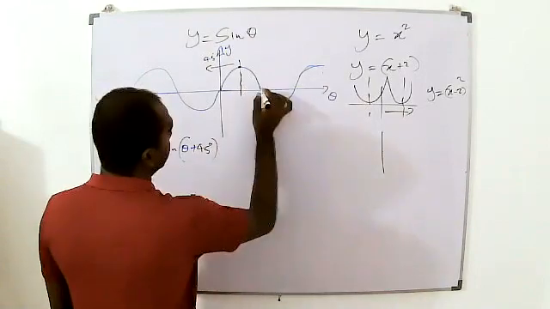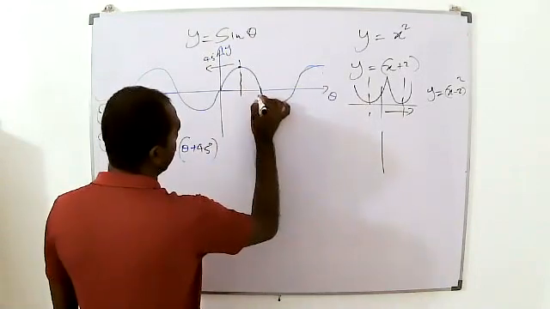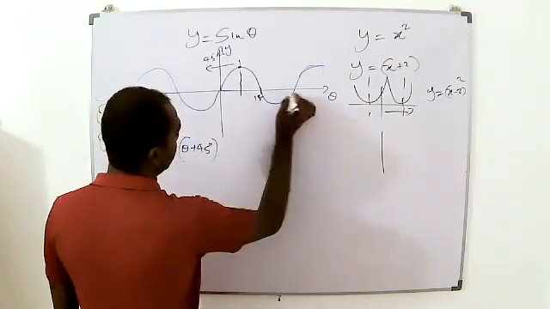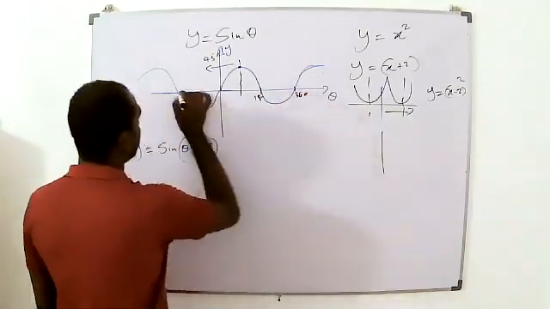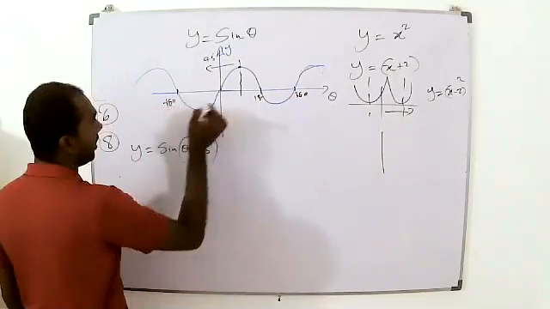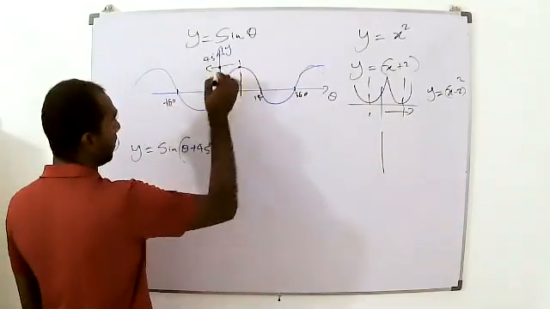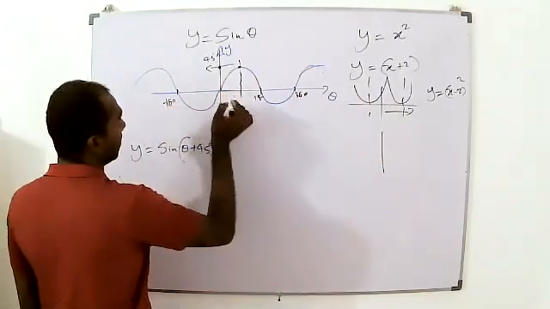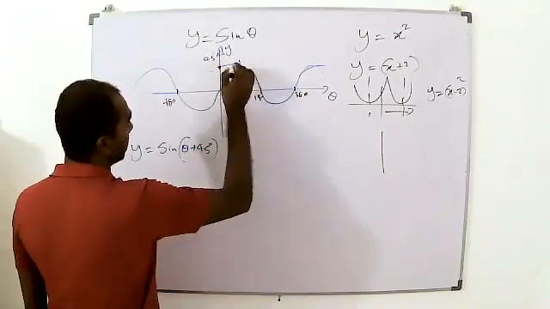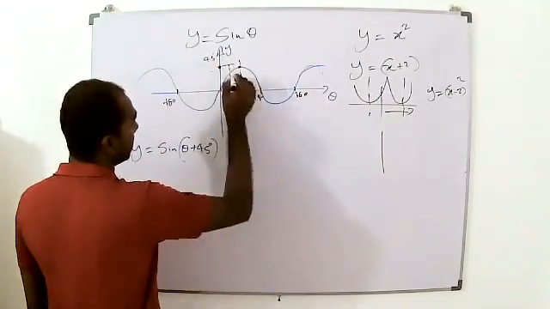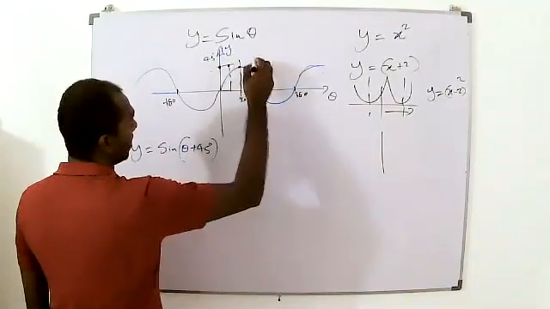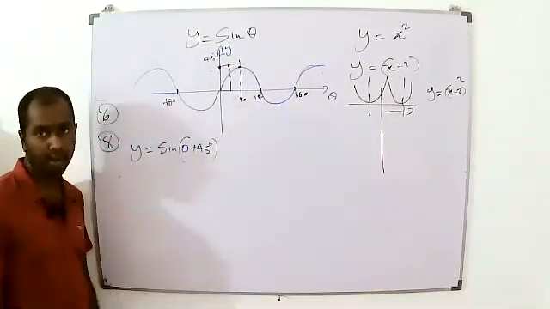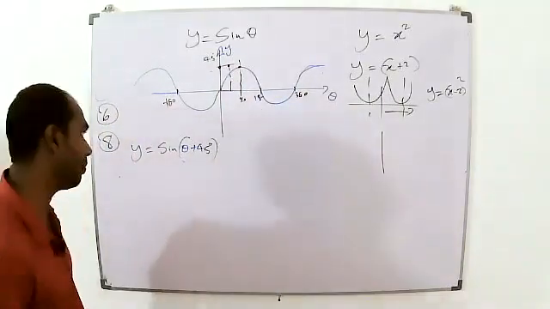So here we have 180, 360, minus 180. All these critical points shift 45 degrees backward. This is 90 degrees here. So try to draw this graph yourself, all of you in your books.